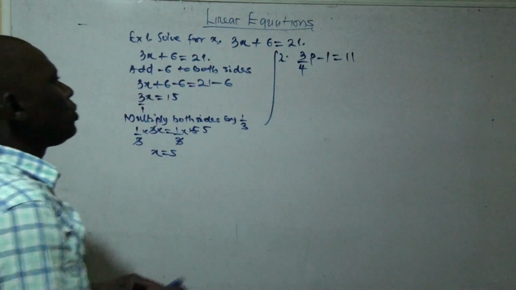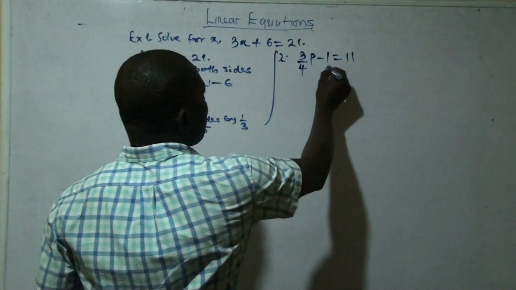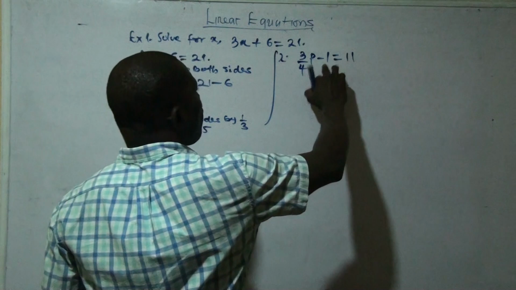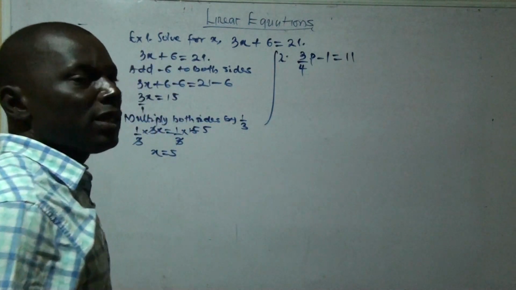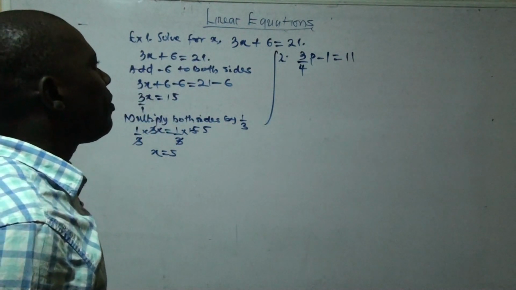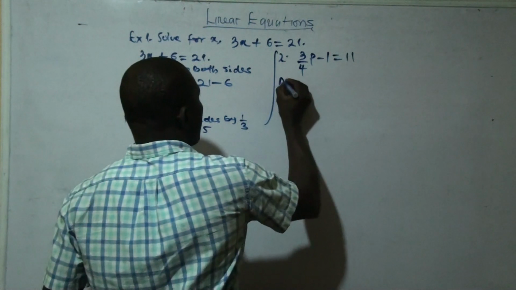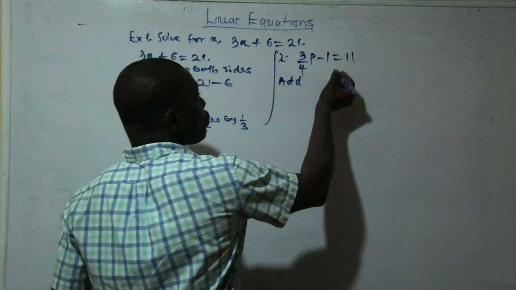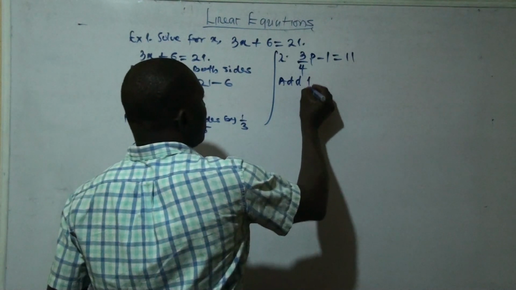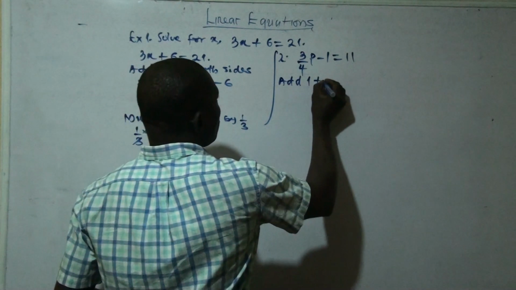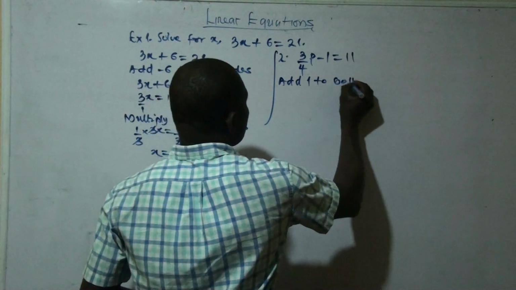Here we look at the constant term and find the additive inverse of it. The additive inverse of minus 1 is plus 1. So all we need to do is add 1 to both sides.